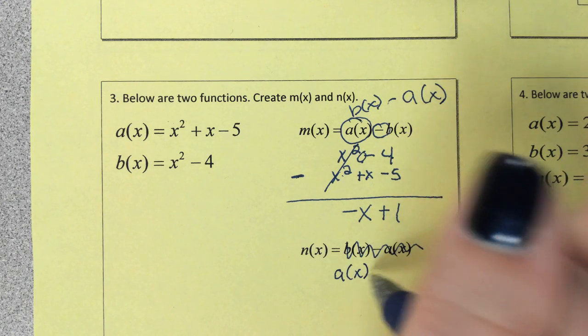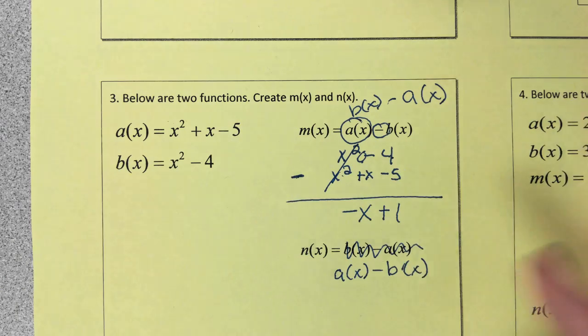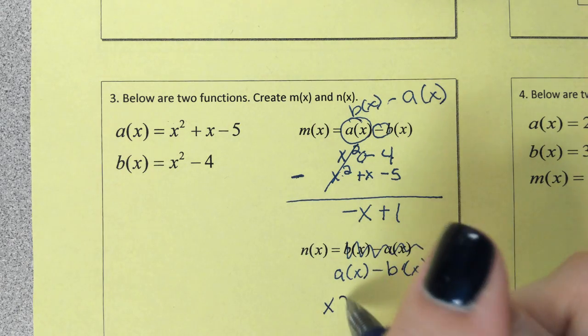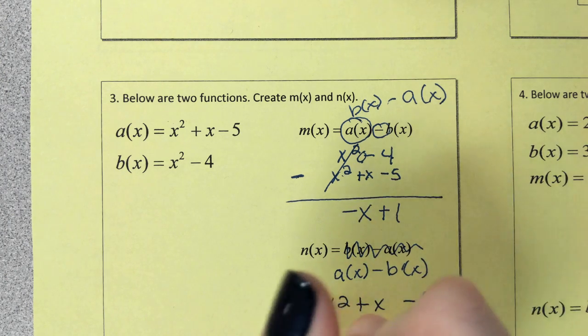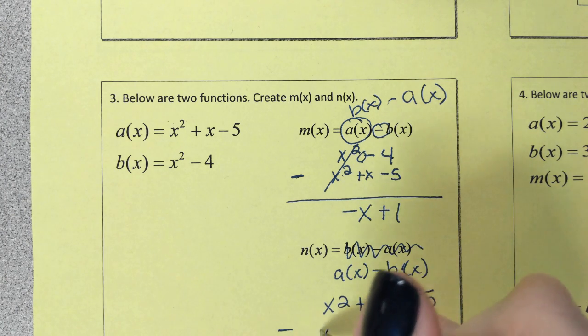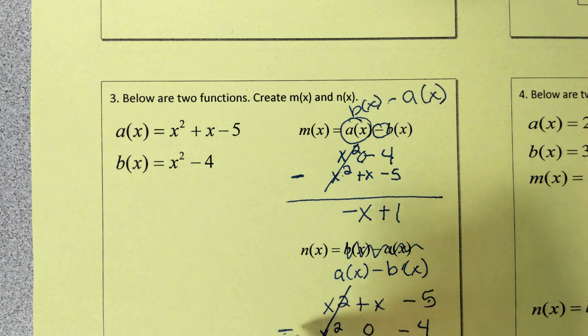A of x minus b of x. So I'm going to write my a of x equation first. So x squared plus x minus 5 minus my b of x. So x squared minus 4. So again, these cancel. Then I have x minus 0, so it's x, and -5 minus -4, which is minus 1.